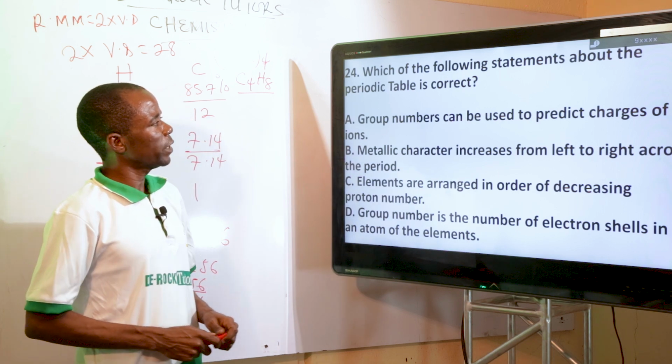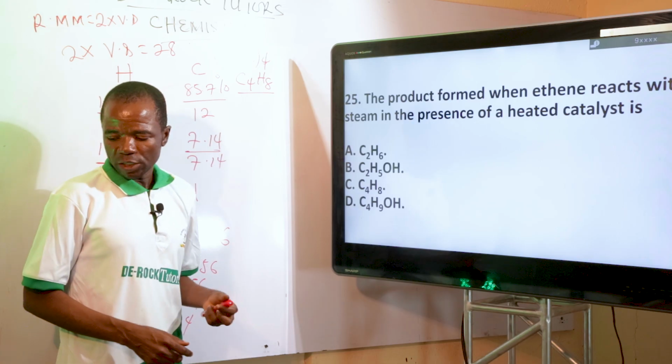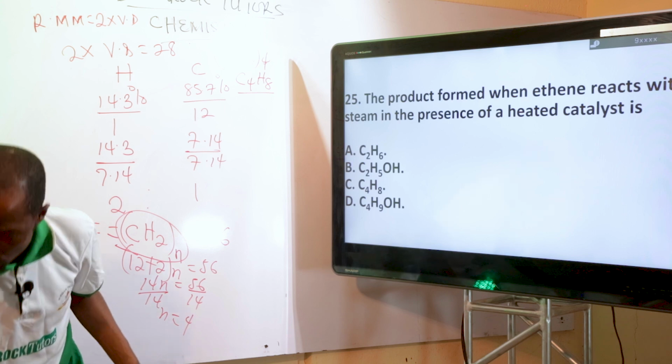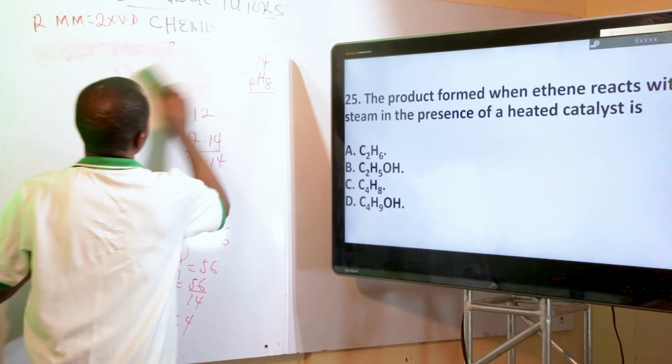Let's go to number 25. The product formed when ethane reacts with steam in the presence of a heated catalyst is dash. Now, when ethane reacts with steam, let's see what happens.